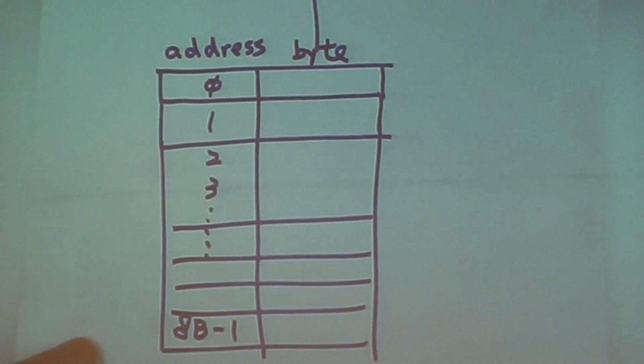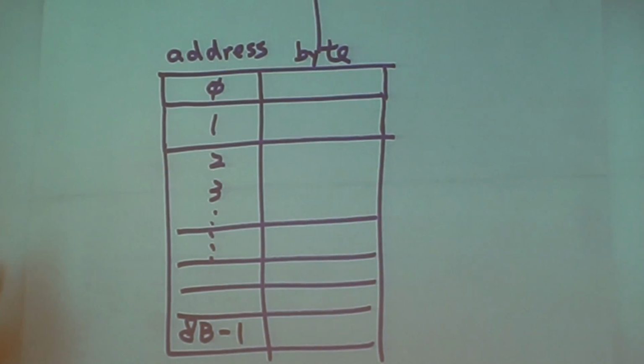So let me make an analogy to explain what it means that you are not allowed to choose address. How many of you live in a dormitory? Do you choose where you live? No, the university assigns. Right? Think about your address. Your dormitory address is given by the university.